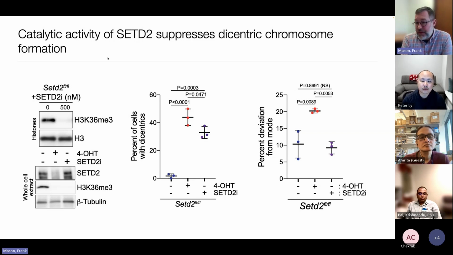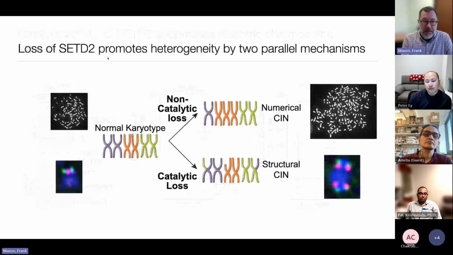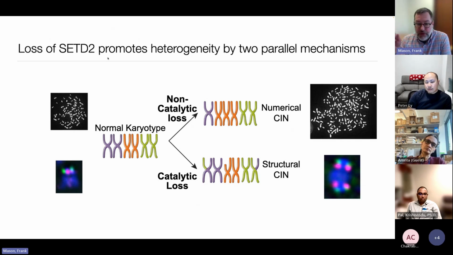But what this may suggest is that the methyltransferase activity is important for suppressing the dicentric chromosomes, but there could be a non-catalytic activity that's important for suppressing the rate of chromosome instability. And so our proposed model right now is that SETD2 suppresses genomic instability in two different ways.